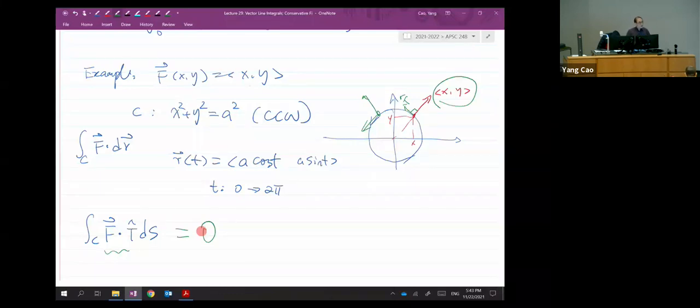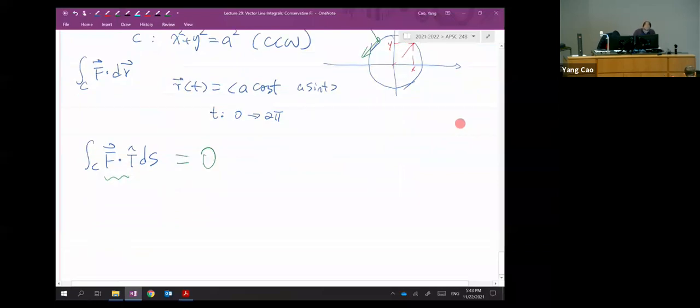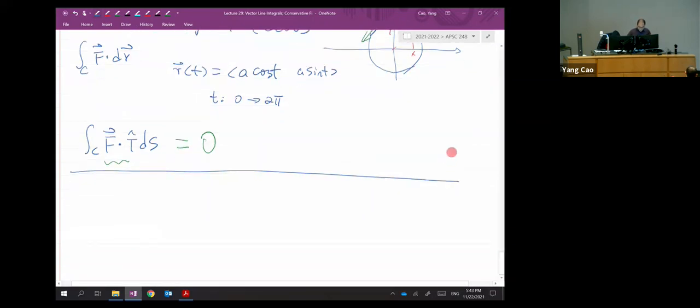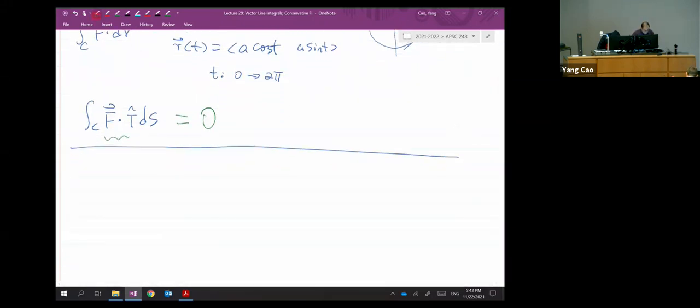Good. So if you look at the computation involved in the vector line integral, it's not that bad. You just have to follow a few steps and carefully carry out the integrals, plugging in the right piece of the puzzle.